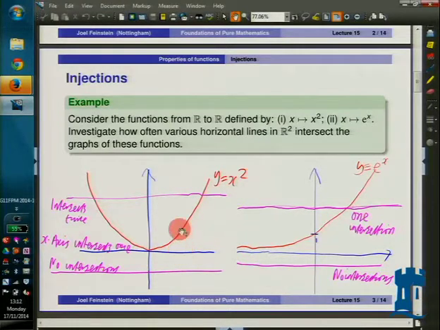What's different between them is whether for each y there's only one x, and for x squared there are y values with two x's. Of course, both of them have got y values with no x's, but that's not important here. What's important is whether you have any y values that get more than one x, and x squared has that.